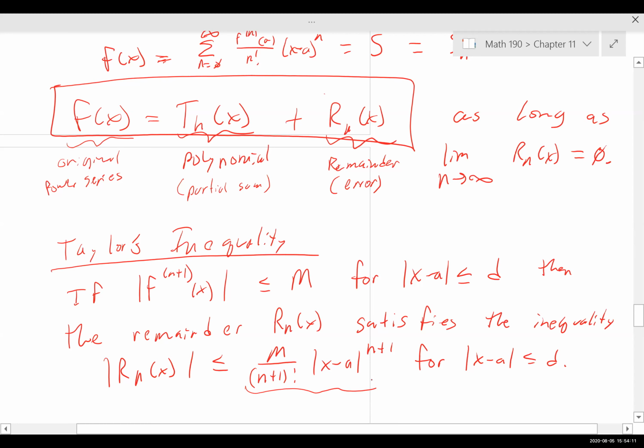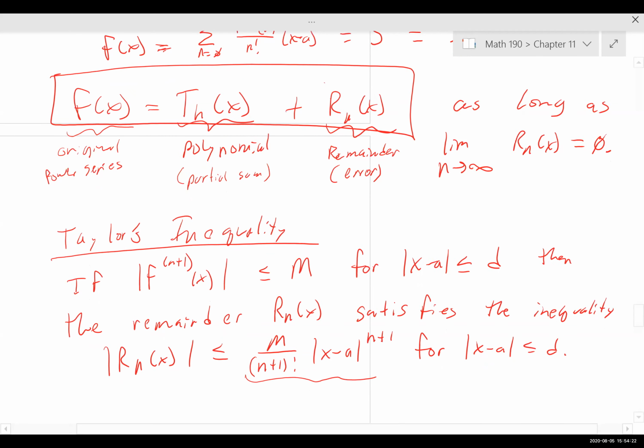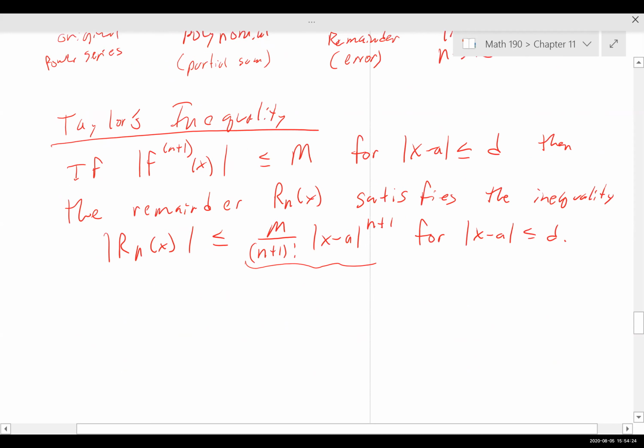It's very similar to what we did before with alternating series, where the next term bounds the error, the remainder. That's really all this is talking about.